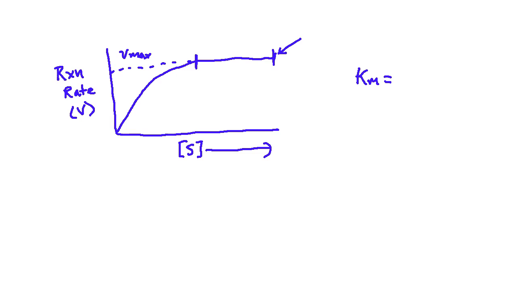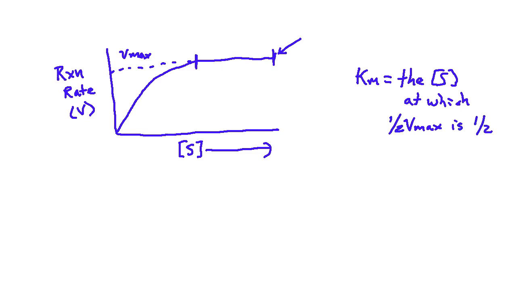So Km is going to be the concentration of substrate at which Vmax is 1/2, or you could say half Vmax, whatever you want. Okay, so when we're at half Vmax, that means that we are currently working at half the capacity of the enzyme's ability to turn over the substrate into product.